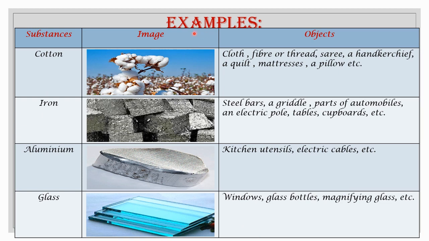Students, the same substance or material can be used to make many objects. So now let us study some such examples. The first example is cotton. From cotton we can make cloth, we can get fiber or thread, we can make a sari, a handkerchief, a quilt, mattresses, a pillow, etc. Then the second one is iron.